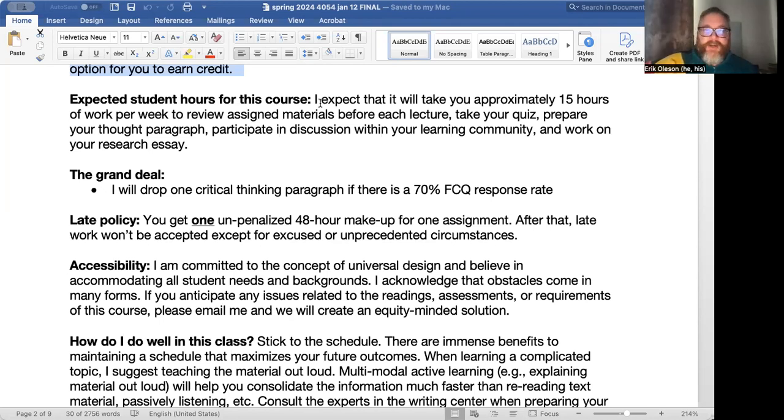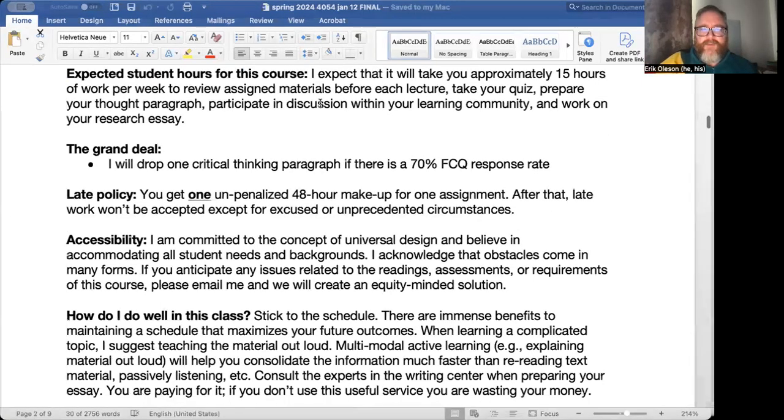It is expected that all students participate in all quizzes in this class and all critical thinking paragraphs. I will drop your lowest critical thinking paragraph grade if enough students participate in the FCQs. I do realize that this will take at least 15 hours of work per week, but I think that is reasonable, and the amount of work should be right on about that 15 hours of work a week.